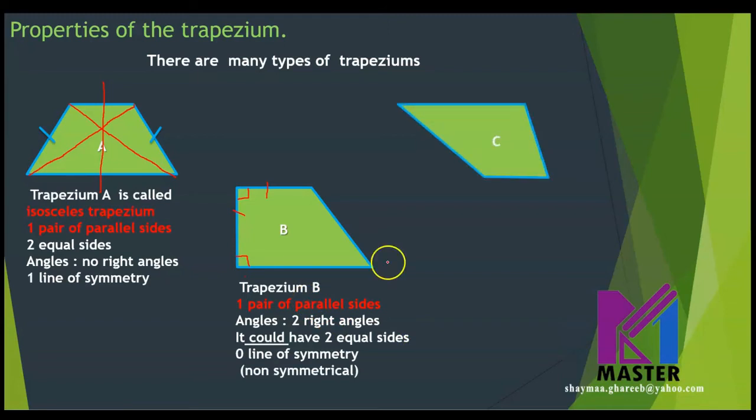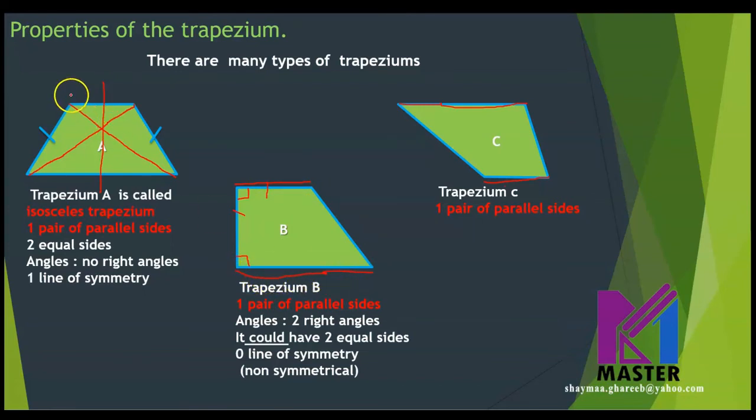What about the type C here? As we said, all trapeziums have one pair of parallel sides. This side is parallel, let me complete it, as is parallel to this side. And in this one, this side is parallel to this one.